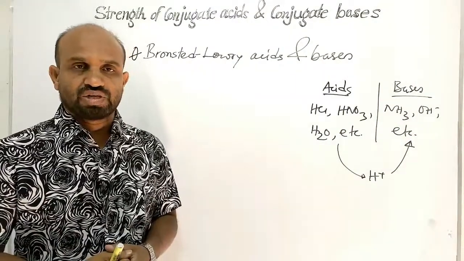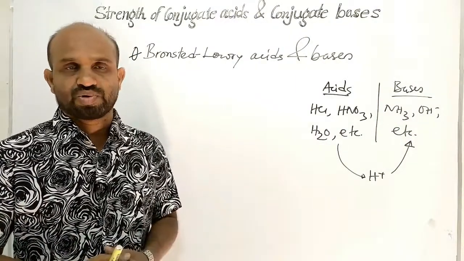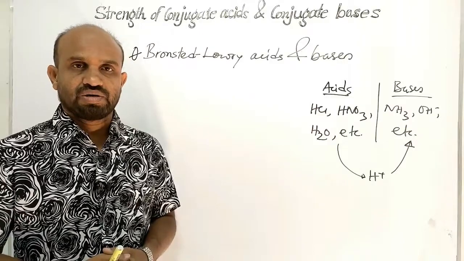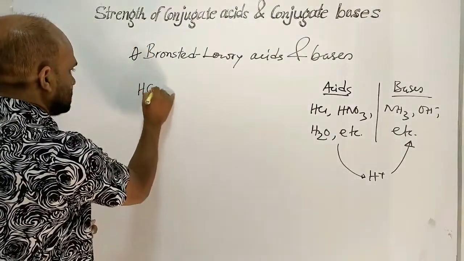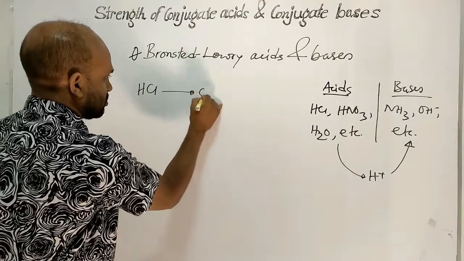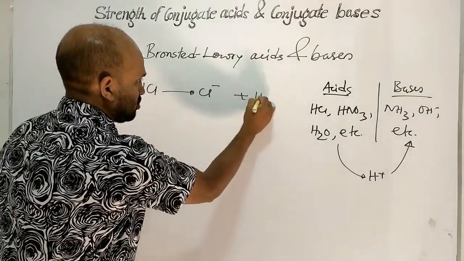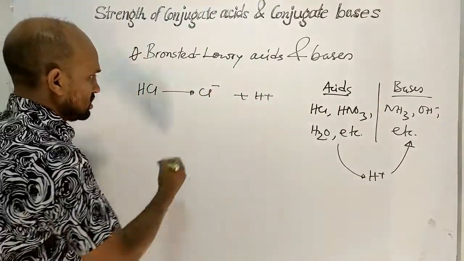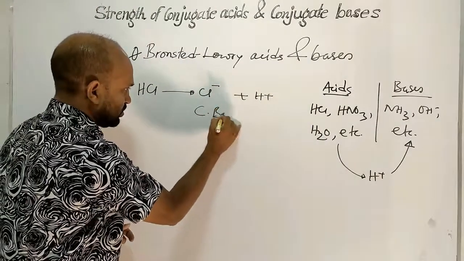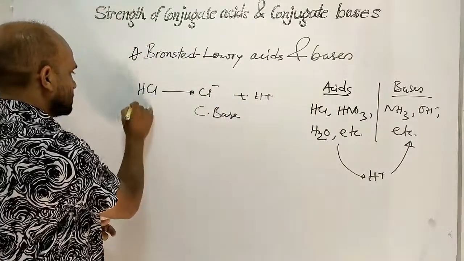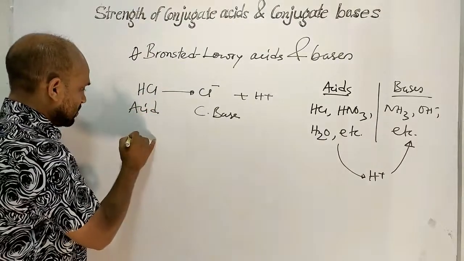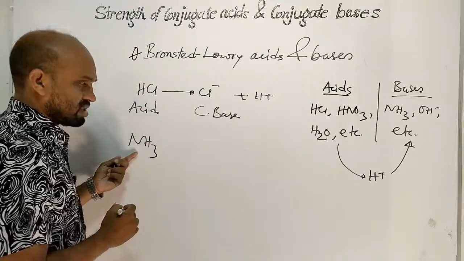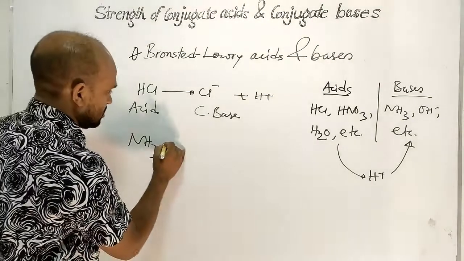Now let's see about the species after losing proton or after gaining proton. Hydrochloric acid becomes chloride ion after losing proton. This is the conjugate base of this acid, and ammonia is a kind of base.